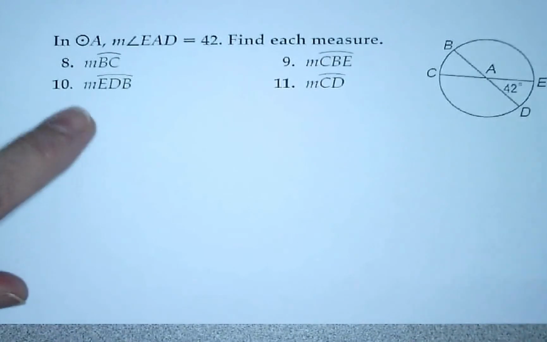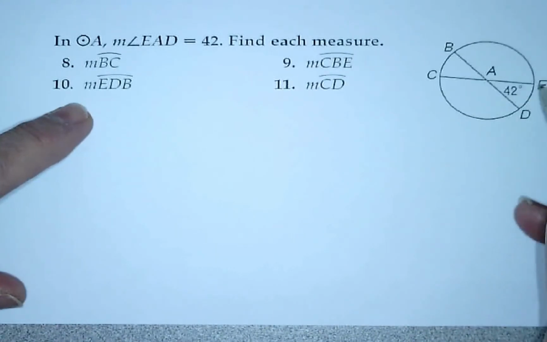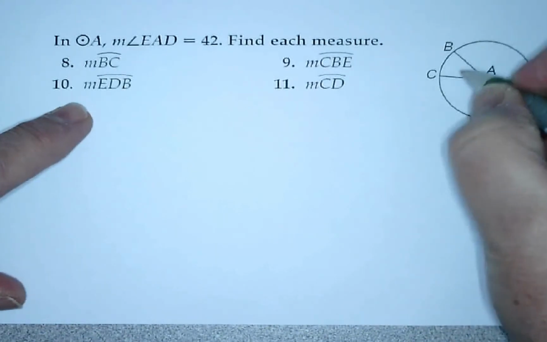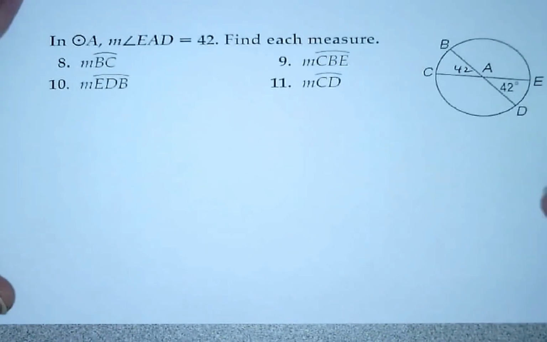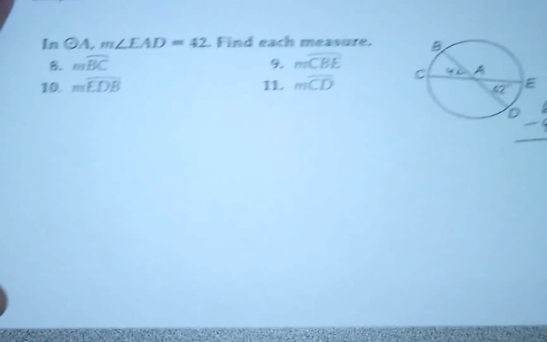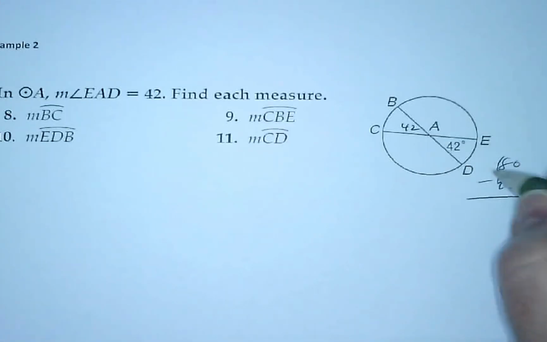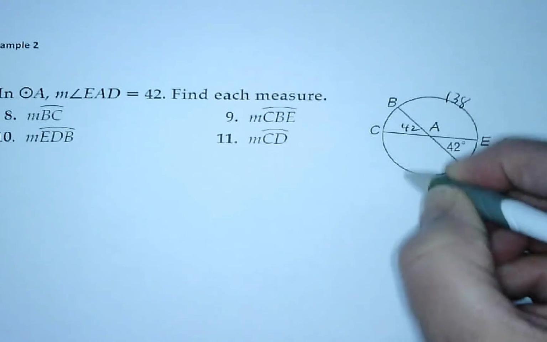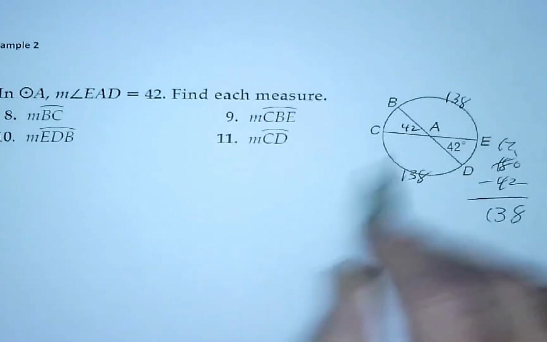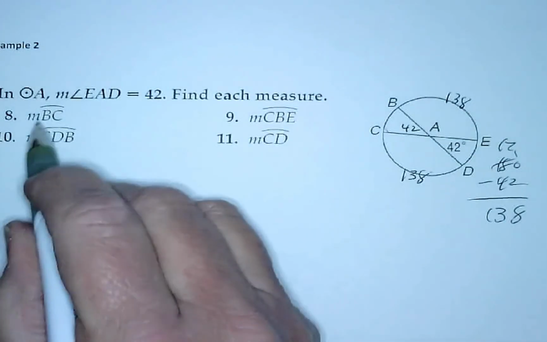Last one, they tell me that this angle EAD is 42, so I know this one is 42. I know these are both diameters, so 180 minus the 42. Let's see if we can do that there. We're going to have 138 for these here. B to C, that arc, if you have an M in front of it, we're finding the measure of that.